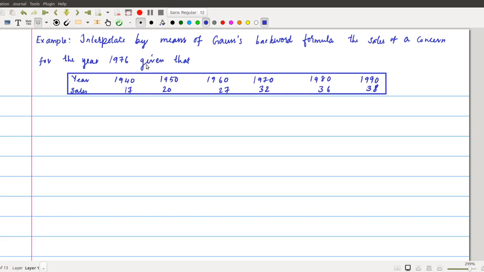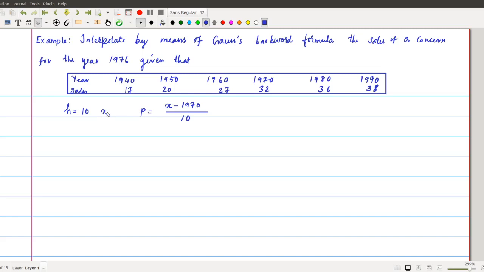First of all, consider the interval of differencing, that is 10 here: 1940, 50, 60, 70, 80. They are all at equal intervals, the length of the interval is 10, and using this fact we define p equal to x minus x naught divided by 10. First we fix x naught.